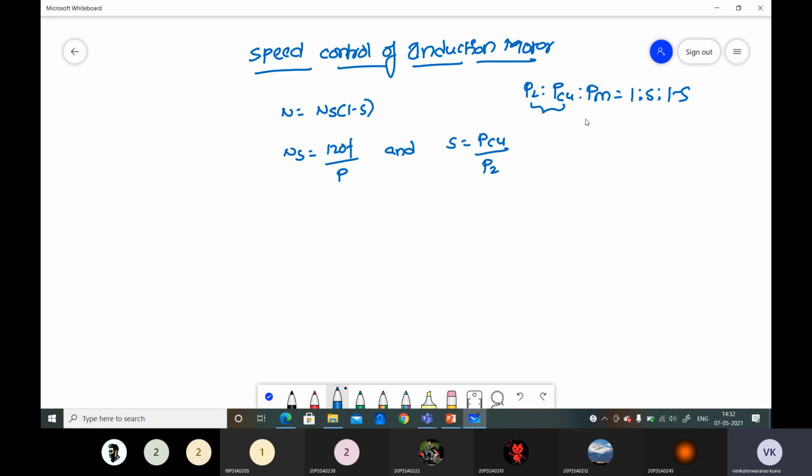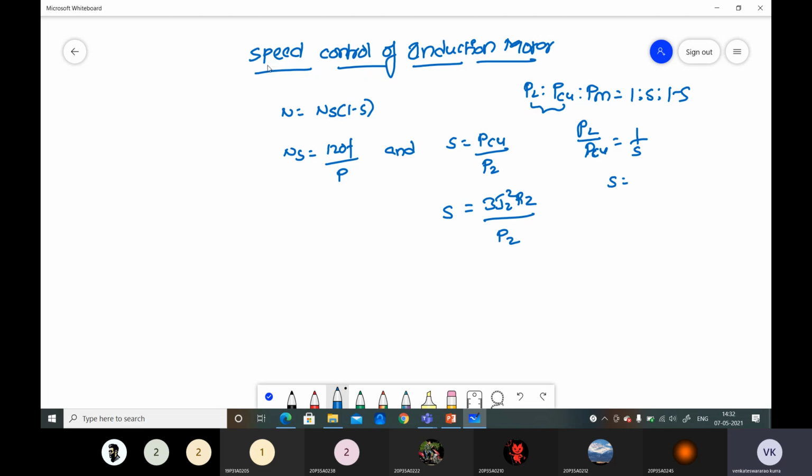So if you take these two terms, P copper by P2 = s. So s = P copper by P2, which is 3I2²R2 by P2. This is slip in terms of resistance.